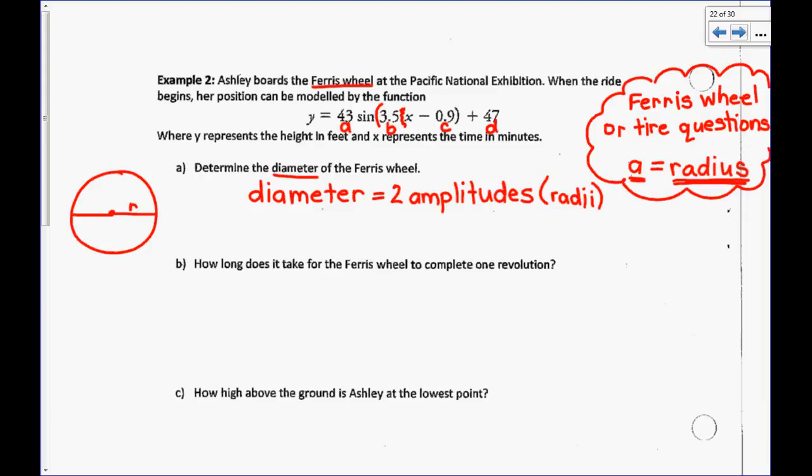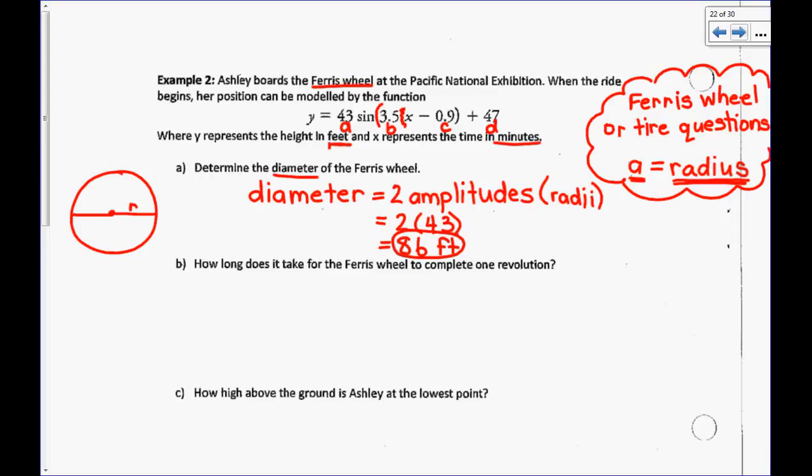In that case, the diameter would be 2 times 43, which is 86. The height is in feet, and the time is in minutes. So this would be 86 feet, the diameter of this Ferris wheel.